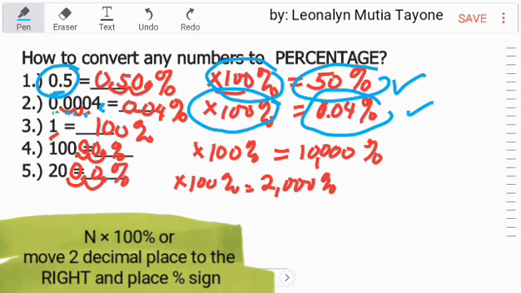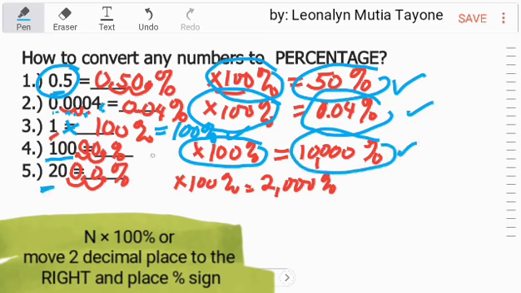Number 3, itong 1, i-multiply mo lang siya ng 100% and that is 100%. Yan na yung equivalent ng 1. 1 whole, that is 100%. Isang buo, 100%. Number 4, itong 100 mo, i-multiply mo lang ng 100% and that is 10,000%.